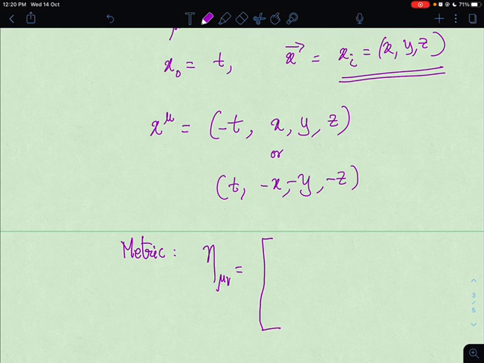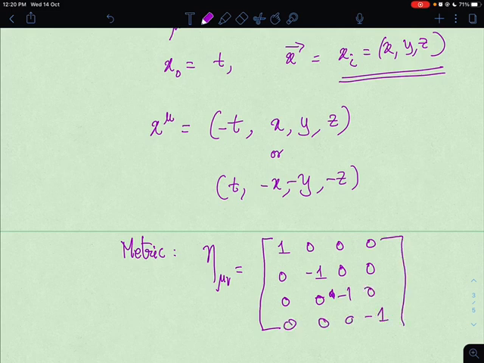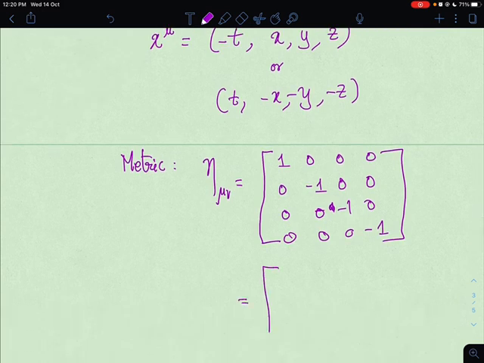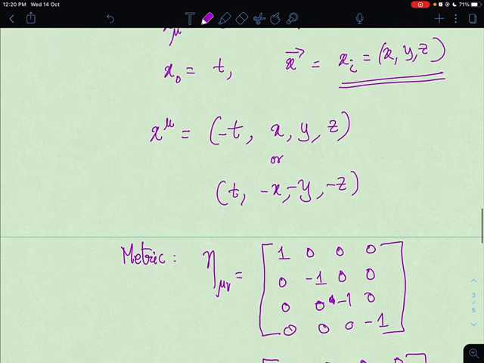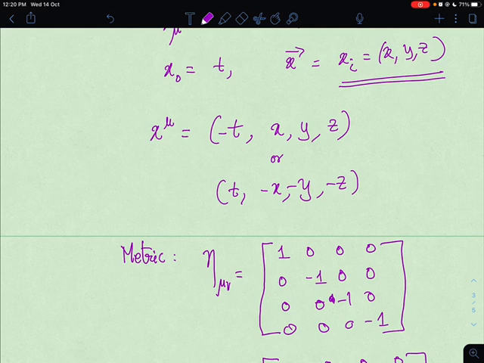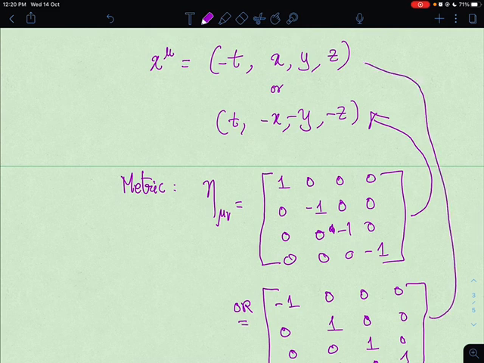This has two definitions, which are both used in the literature. If you use this metric, this will be the definition, and if you use the other metric, this will be the definition.